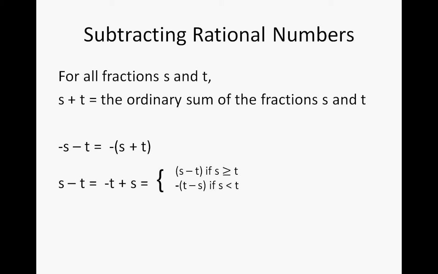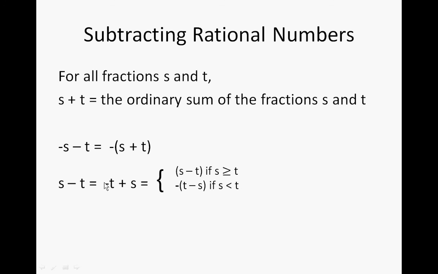If we add a minus s and a minus t, we're going to add them together and then take the minus part of it, or the opposite, or the left pointing vector, whatever you want to call it. And also, if we have s minus t, that is the same as addition: a minus t plus s, or s plus a minus t. Remember, it's commutative, so it doesn't matter.